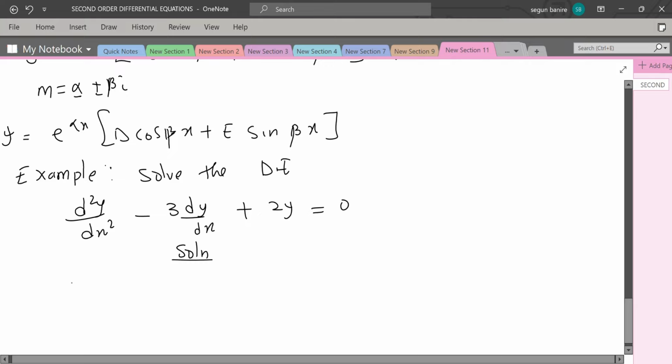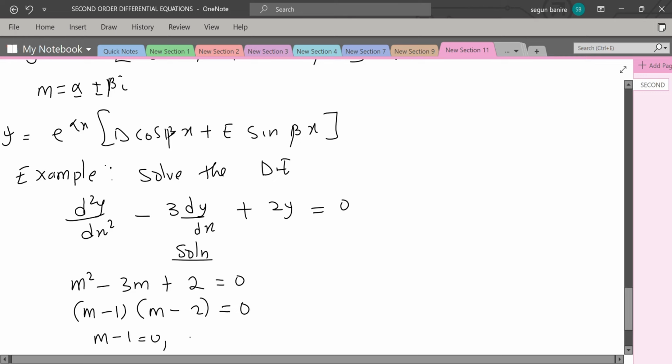So the auxiliary equation becomes m² minus 3m plus 2 equals 0. Solving this quadratic equation, this is (m − 1)(m − 2) equals 0. m − 1 equals 0, which means m is equal to 1, and also m − 2 equals 0, which means m is equal to 2.